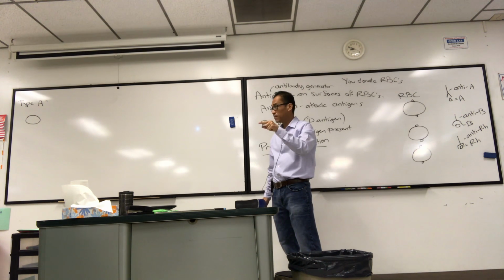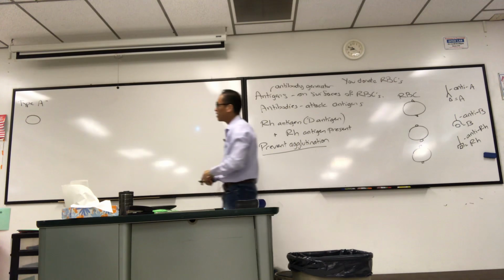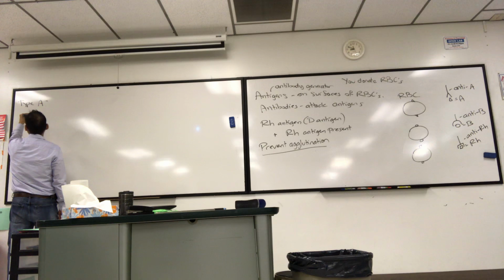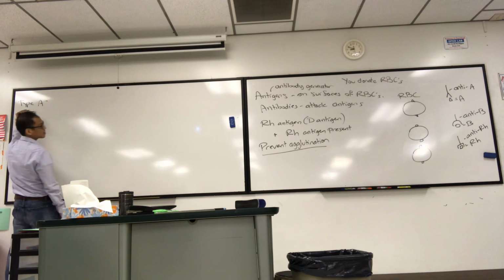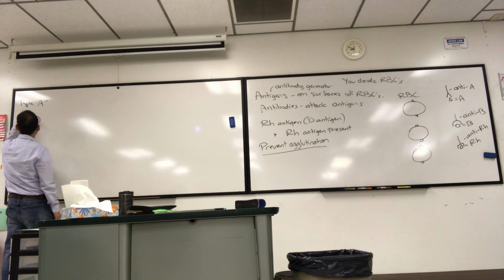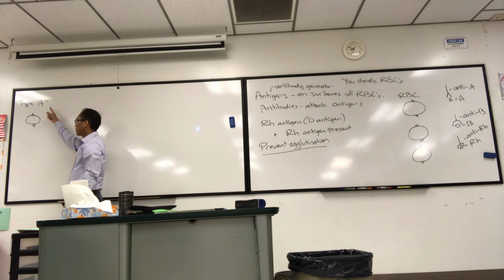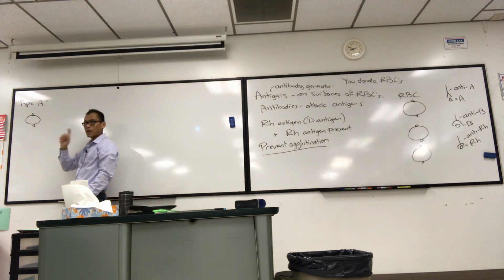And which one is it? It's the A. So what did I say? Triangles for A, right? Your negative, is Rh present or absent? Negative is absent. Don't got it. You got the 1 antigen.